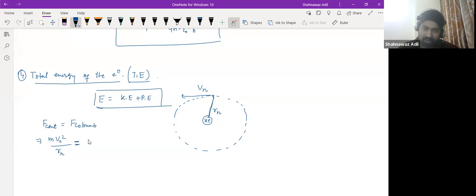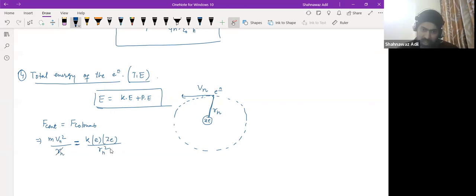Okay, so the Coulomb force, that would be how much? That would be K Q1 Q2 by r square. Q1 is the electron which is revolving, so this is e, and the nucleus is Ze, divided by rn square, right? So K Q1 Q2 by r square. Yeah, absolutely right.